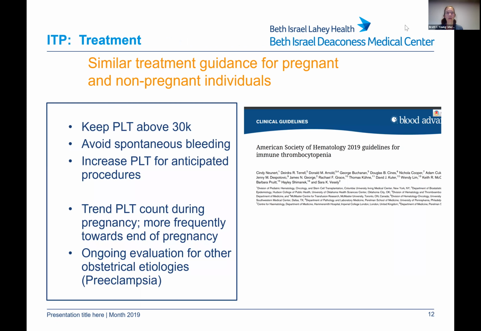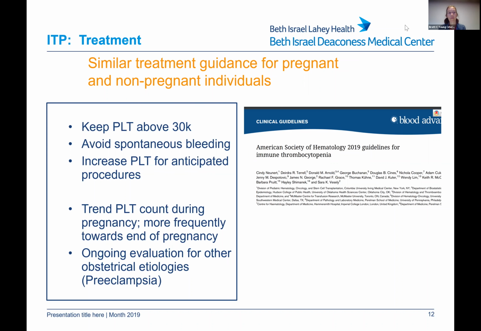As we spoke about, treatment for ITP in pregnancy follows the clinical guidelines from the American Society of Hematology, most recently in 2019, which recommended that treatment should be similar for pregnant and non-pregnant individuals. That is, keep the platelet count above 30,000, avoid spontaneous bleeding, and increase the platelet count with either prednisone or IVIG for anticipated procedures, including, of course, a vaginal delivery or a C-section.